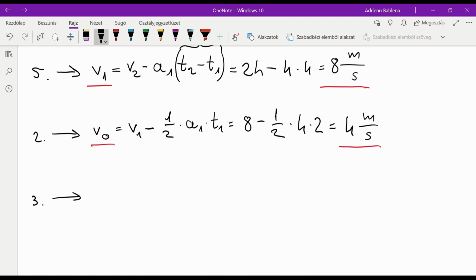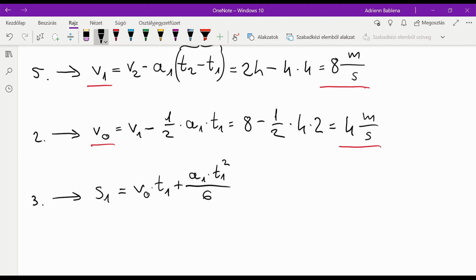S1, yes. We can calculate S1, which was V0 times T1 plus A1 times T1 squared over 6.